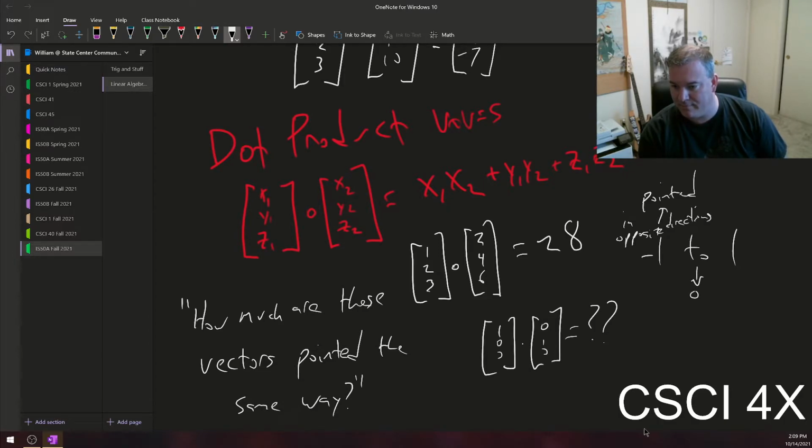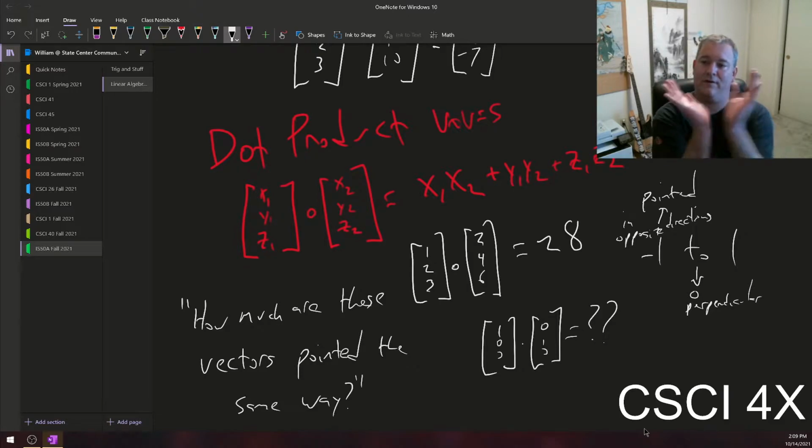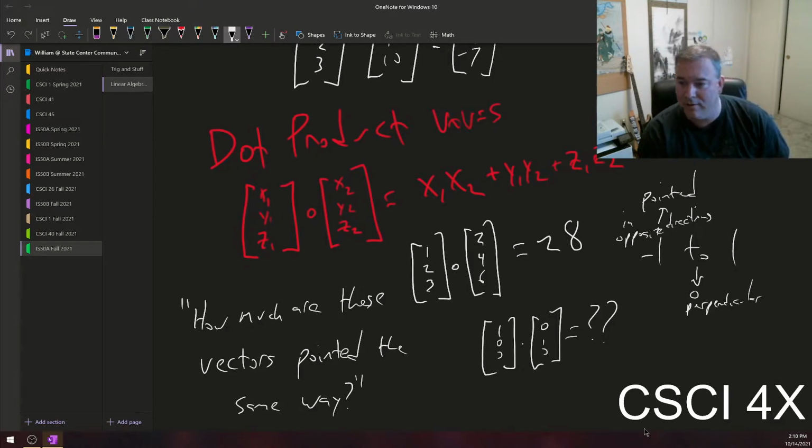Zero means perpendicular. So if we get a dot product of 0, that means the two vectors are pointed at right angles to each other. And if we get a 1, that means they are pointed the same way. You can read my handwriting.